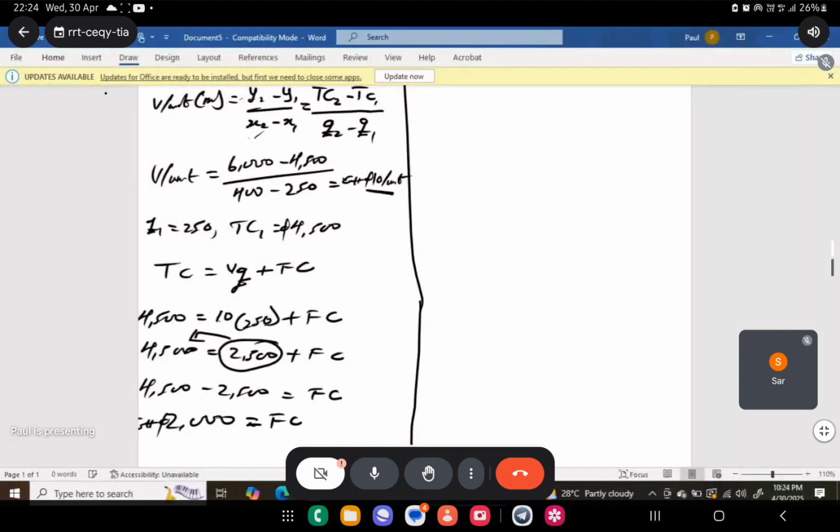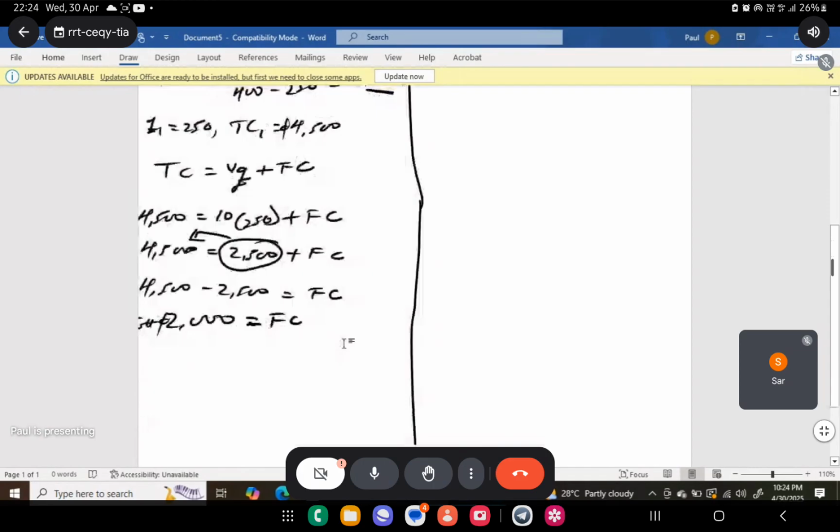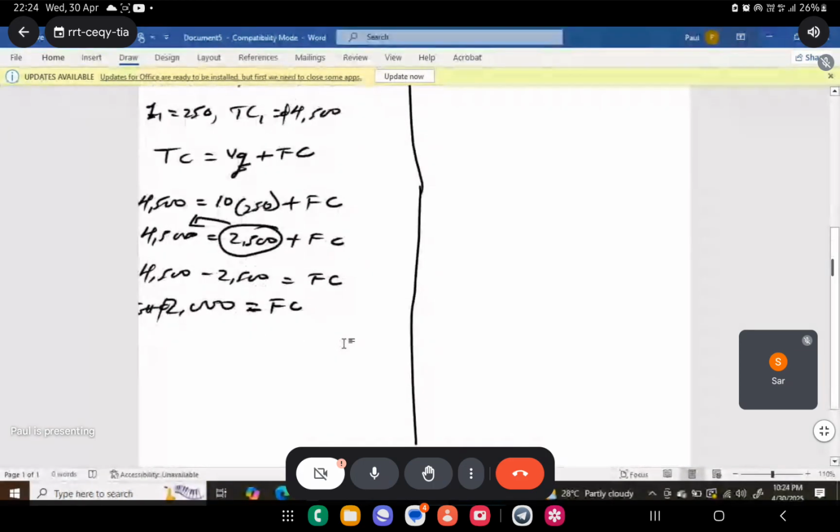Please, you understand? So our linear equation is equal to 10Q plus 2,000. That's the total cost function. Please, you understand? So we will maintain the 10Q.